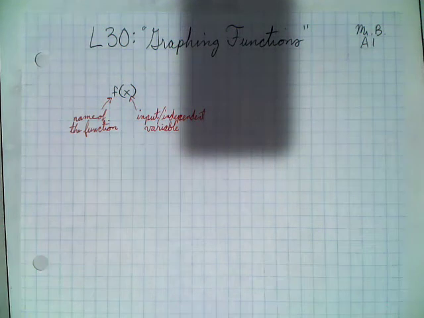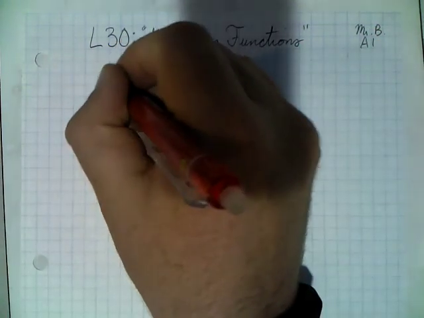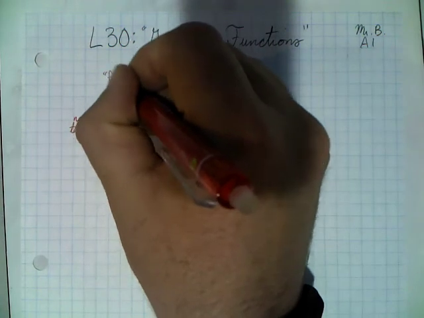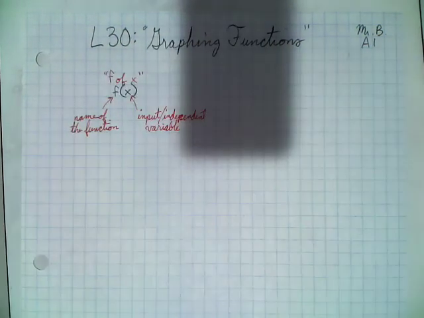You need to almost imagine that the parentheses are like an incomplete basket, like the rim of a basket, where you're sticking values into this function. And the function itself is like a machine that takes what gets stuck in, does something with it, and produces a product out on the other side. We would read this as f of x.